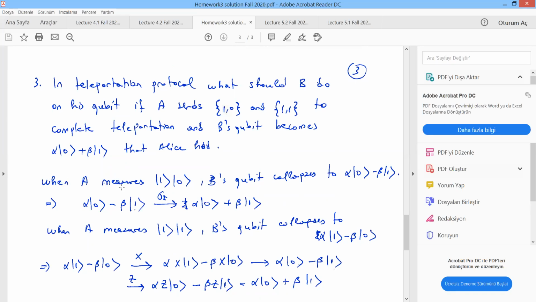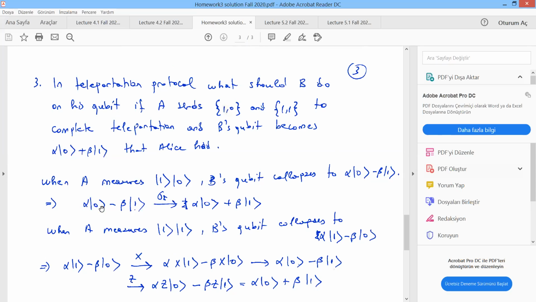So in case Alice measures ket 1 and ket 0, according to the protocol, we had seen Bob's qubit collapses to alpha ket 0 minus beta ket 1. Right? I have this one. So how should I operate? What is the single qubit operator that I need to use to convert this qubit to the qubit that we want to recover? The answer is I operate with the sigma z operator, Pauli z operator.